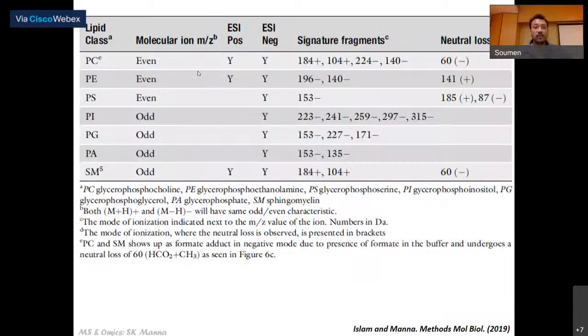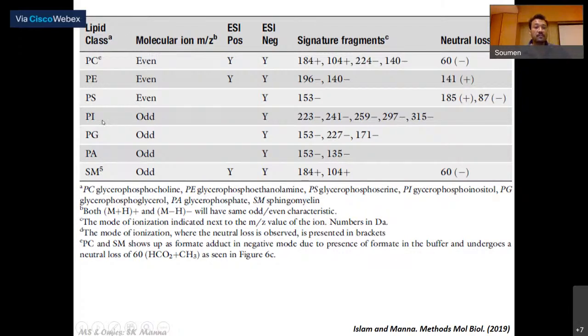Okay. So before that, there are a few things that you can decide on. For example, if the molecular ion m/z value is even, then it is PC, PE, or PS.